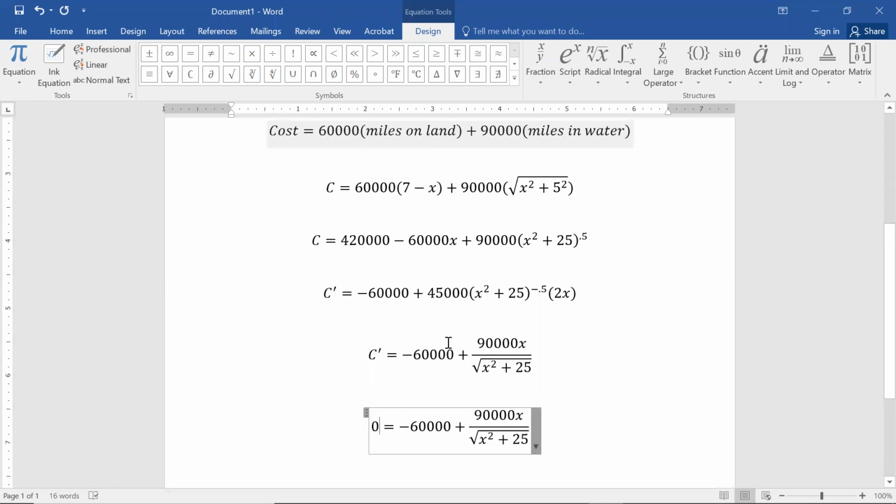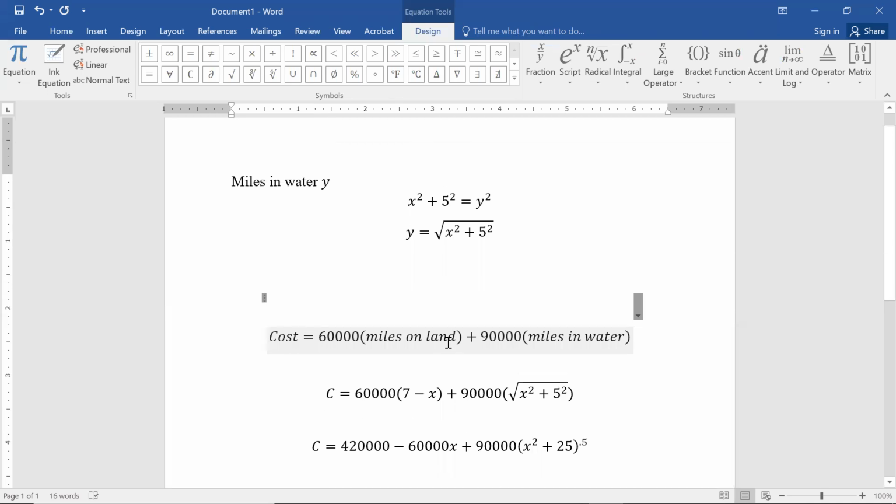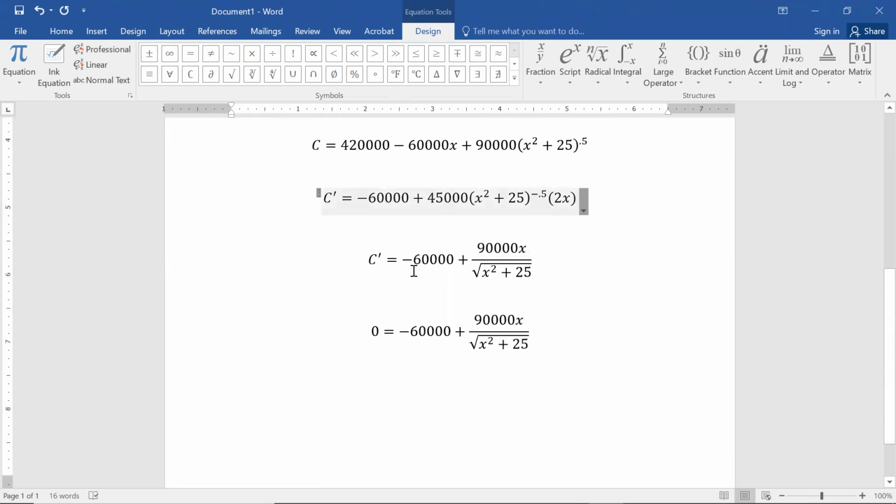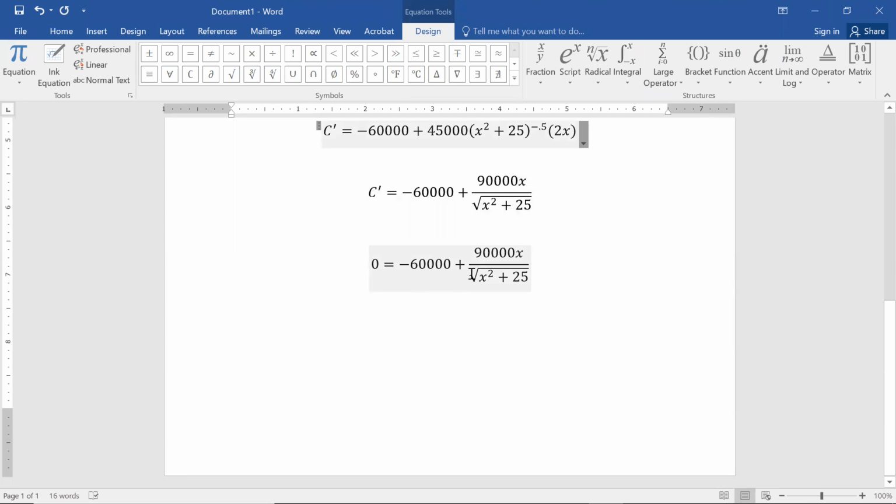By the way, I didn't say this earlier, but it is important at this point that we had the positive square root, and we know we can use the positive square root because we are talking about how many miles. It would not make sense to have traveled a negative miles. But that is very important here when we're solving this, because if you used a negative square root, none of this is going to work out very well.